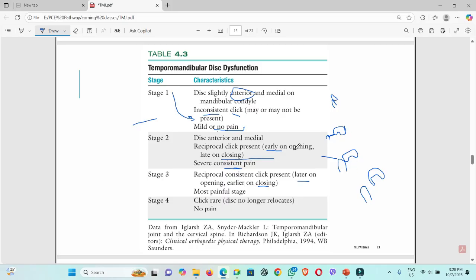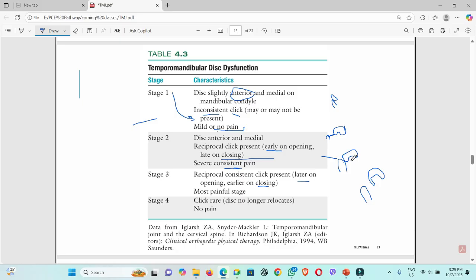Okay, so here in stage 2, the condyle and the disc are so near, as the person starts opening the mouth, there will be click present early on opening. So once the person starts opening the mouth, the distance is so short between the condyle and the disc, there will be click early on opening because it will directly jump off from this posterior portion of the disc, right?